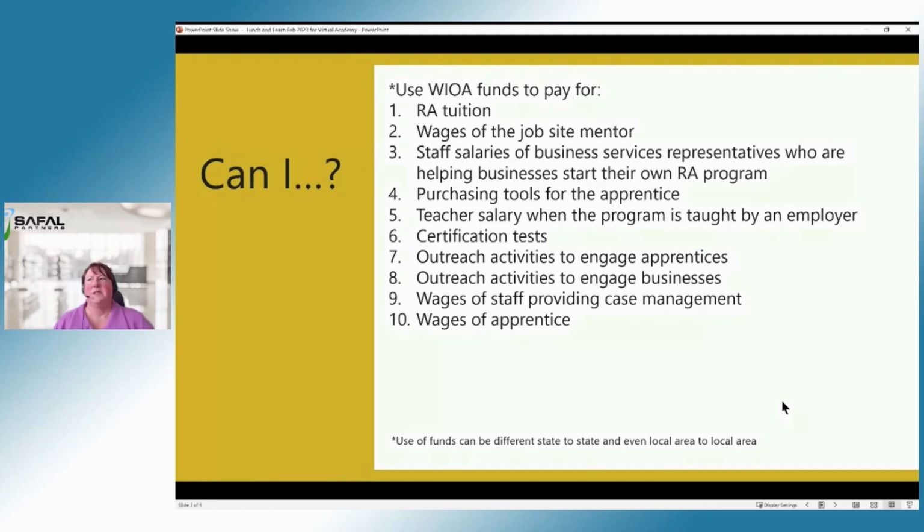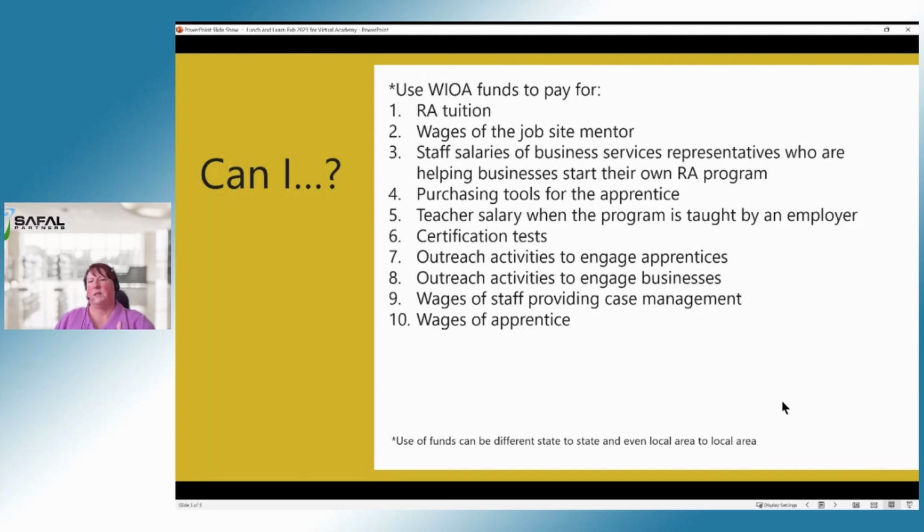And yes, you're absolutely right that co-enrollment is required for WIOA services. You would be amazed at the number of people who are not checking all of the boxes, and therefore it is not showing up as the person being co-enrolled, even though they're paying for training or a supportive service for a registered apprentice.